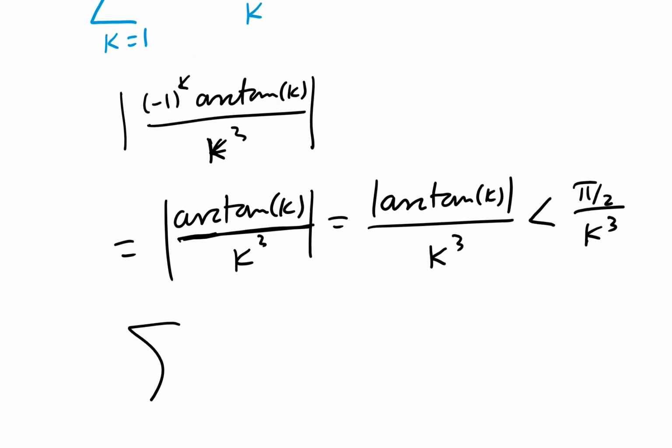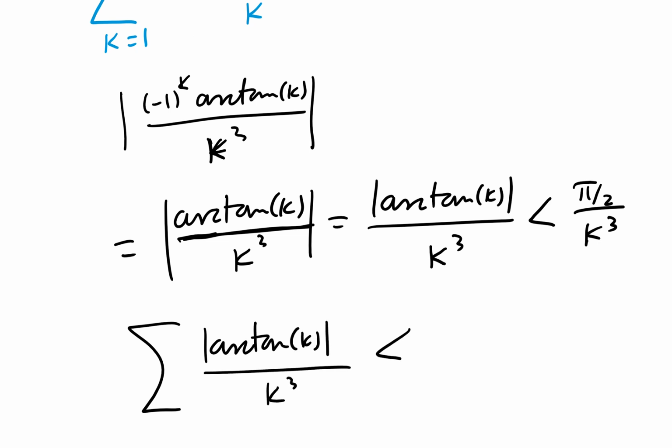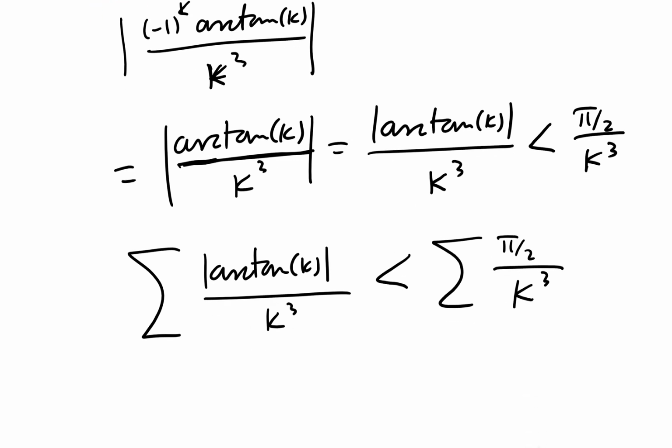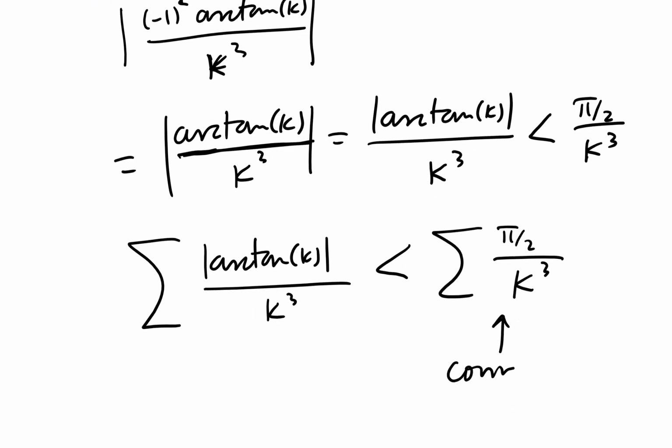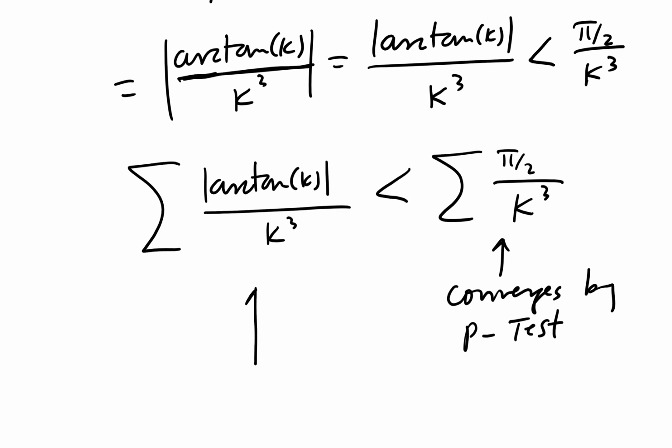If you do the sum of arctan of k over k cubed less than the sum of that, the one on the right side converges by p-test. If the bigger one converges, the smaller must converge. So this one converges by comparison test.